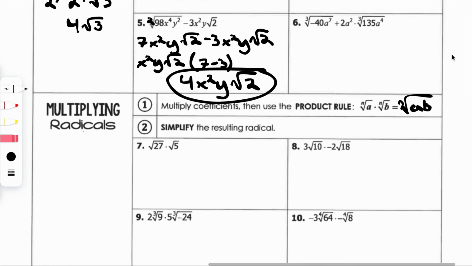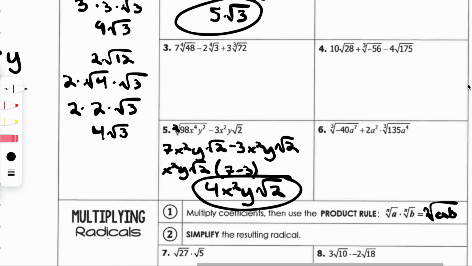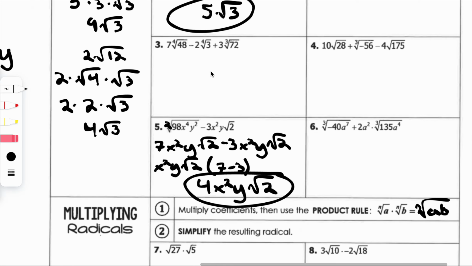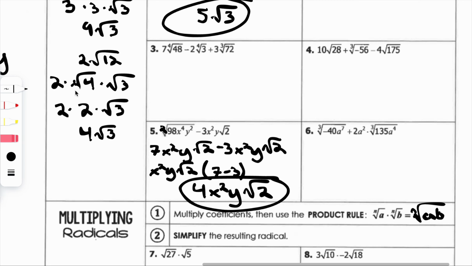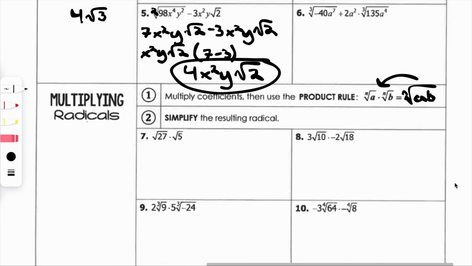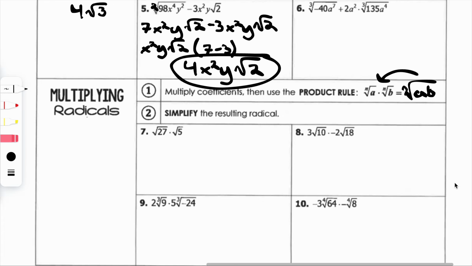We know because we've been doing this before. When I break up, for example, root 12 into root 4 and root 3, that's going backwards, okay? And so the second step in multiplying radicals would be simplifying the resulting radicals.